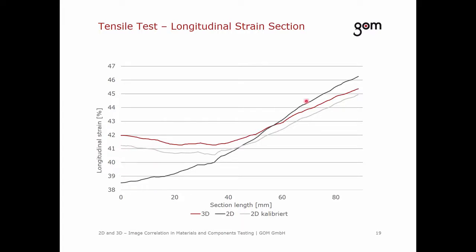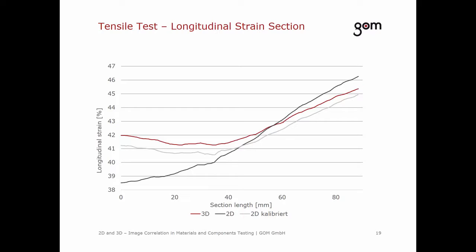On the right, you see the lower part of the specimen. Here you again see that the strain values in the upper part of the specimen are lower in the 2D measurement than in the 3D measurement. The comparison results from the effect of the barrel distortion. In the 2D measurement, the lower part of the specimen shows a higher distortion, also caused by the barrel distortion.